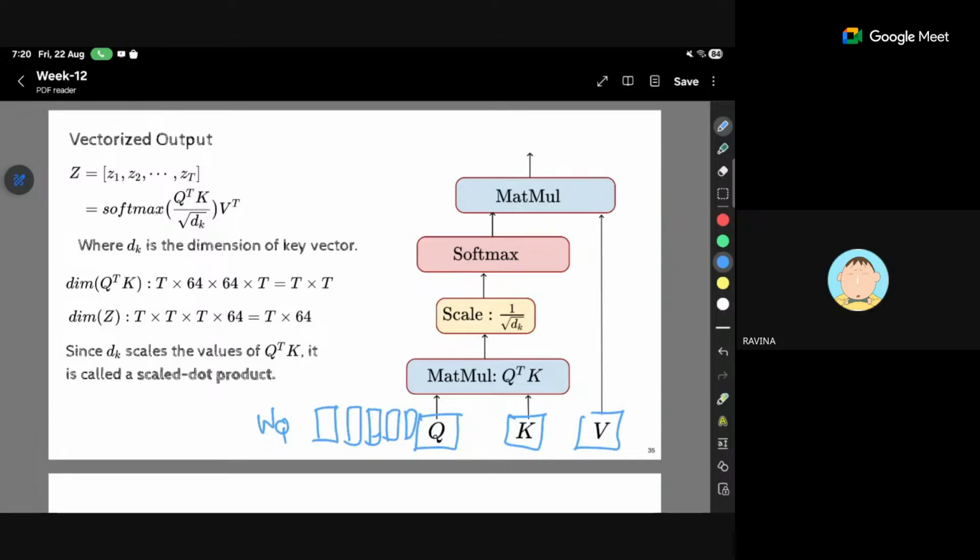Something like similarity scoring I'm using here to get the scores out of it. That is the idea. I'll multiply Q transpose with K, so that multiplication happens. You can think of it like, let's say I have first, second, third, and similarly I have K. So this is Q and this is K, right?